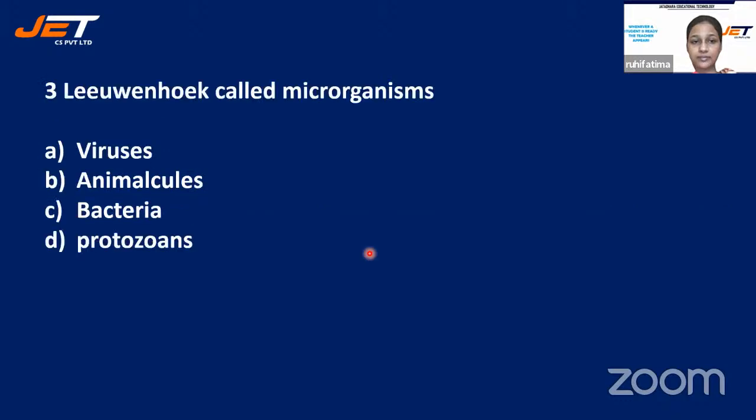He was a scientist. And what was the name given to these microorganisms by Leeuwenhoek? Leeuwenhoek called microorganisms dash. Come on, students. Answer this question. It is very easy.